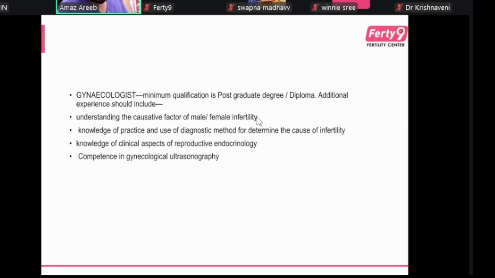We also always know that there are cases where we still do not know why the patient is not conceiving. That's an infertile patient. There could be many causes.